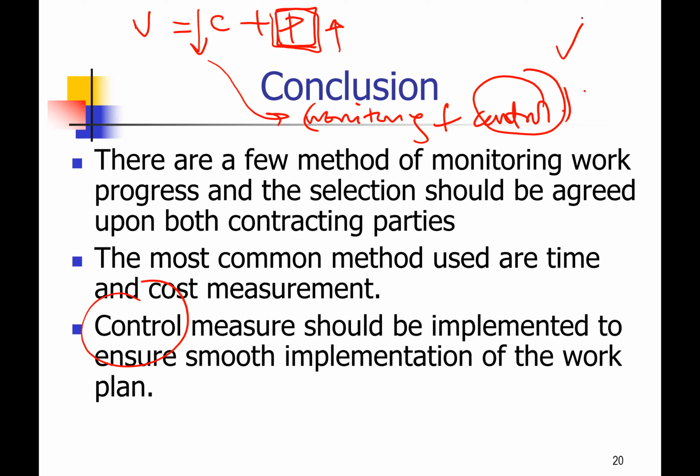Planning is one thing, but sometimes you do the planning perfectly, but then you might lose control on a certain issue. That's why it will eat up your profit. So if you want to maximize your profit, please monitor and control your project closely. Then only will you get your targeted profit, or even maximize your profit.